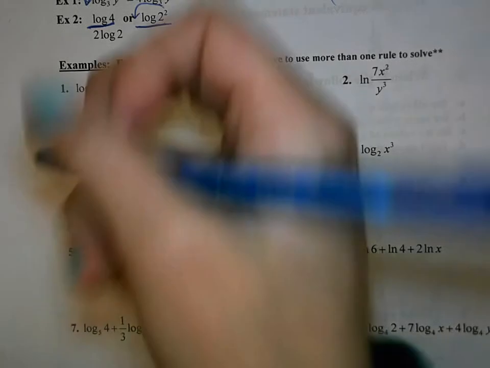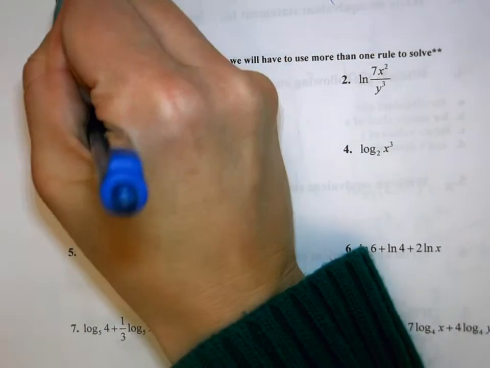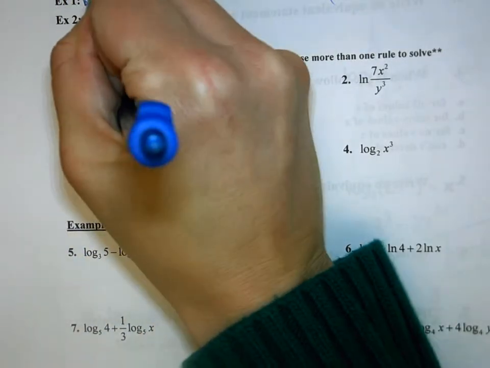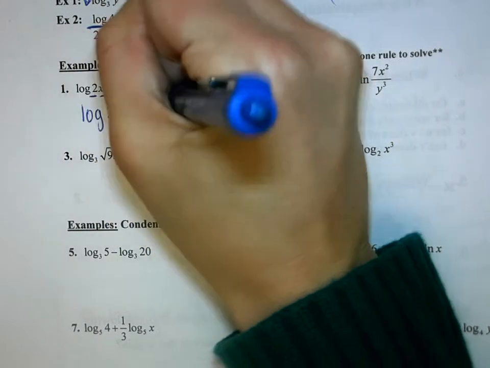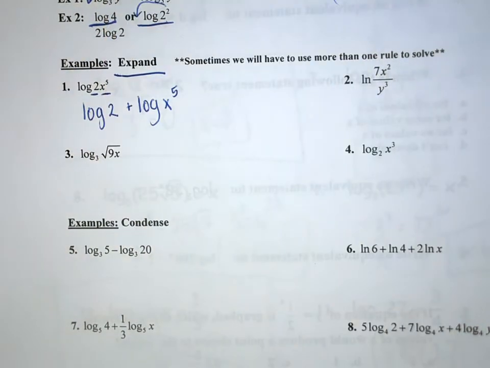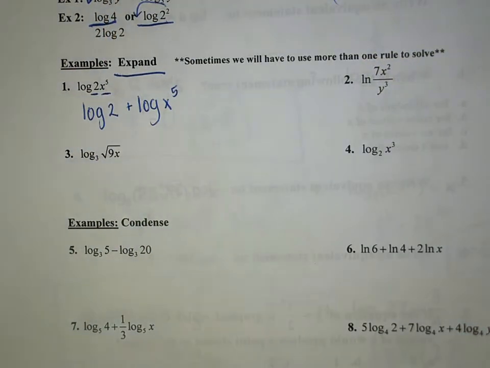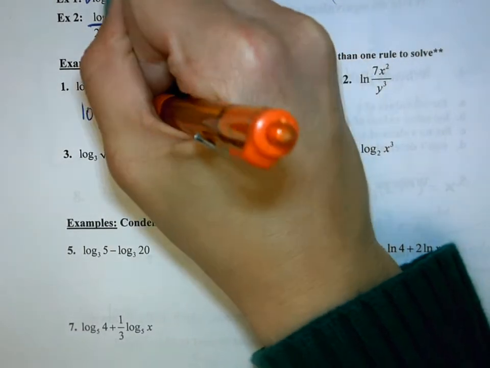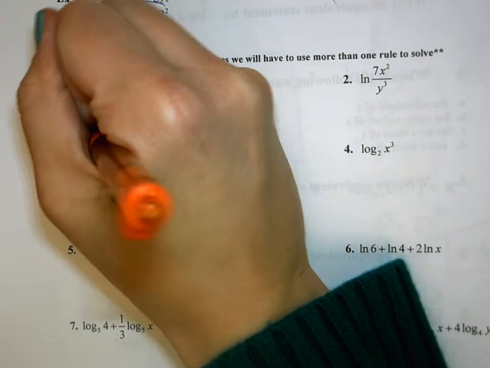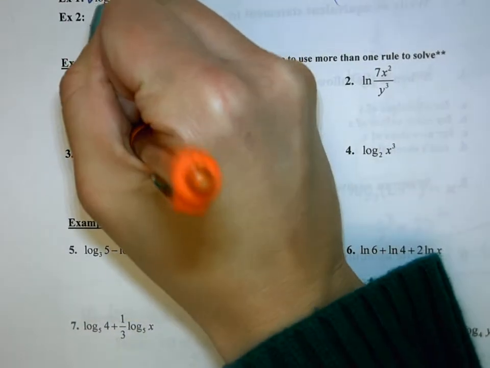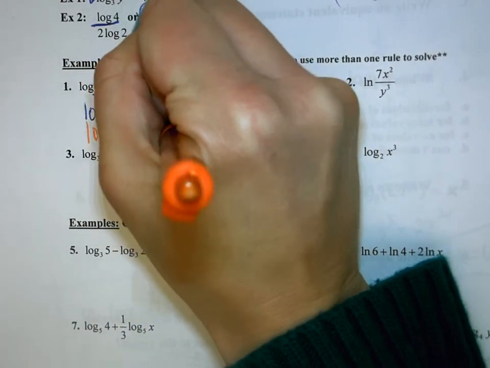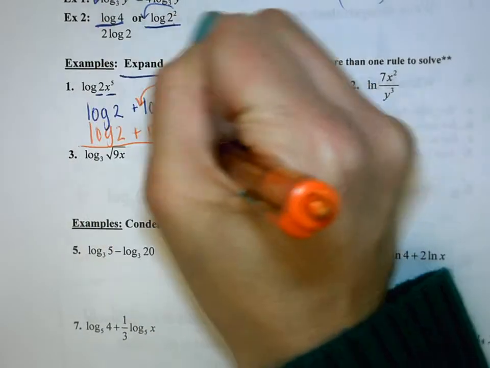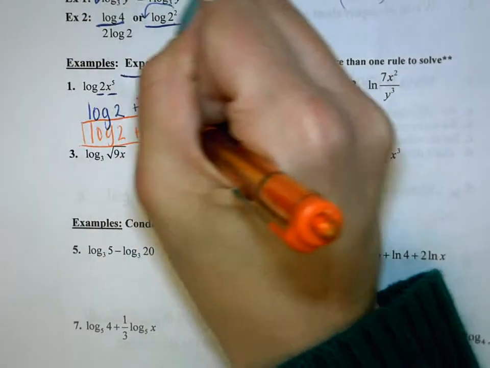Adding. So I'm going to end up changing this to log of 2 plus log x to the fifth. Okay, and then I notice that I still have an exponent. So I'm going to take this 5 exponent that's right here, and we bring it in front. So I have log of 2 plus 5 log x, and that is my answer.